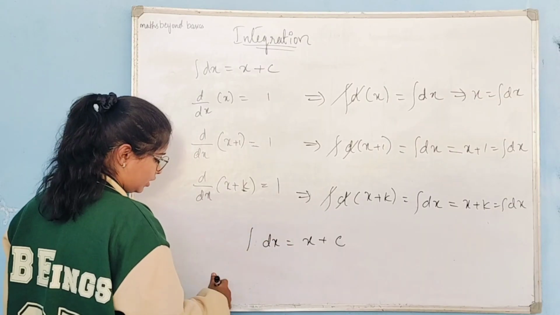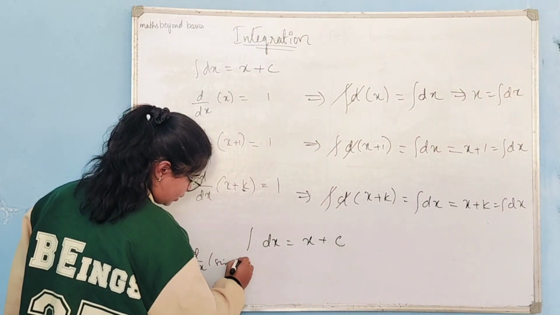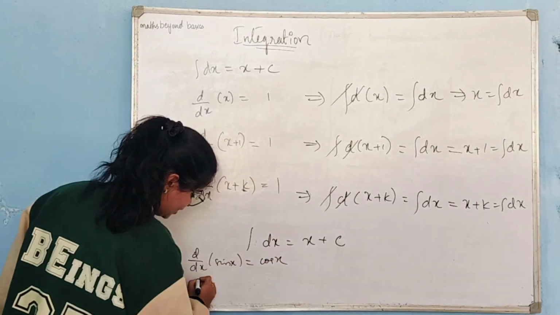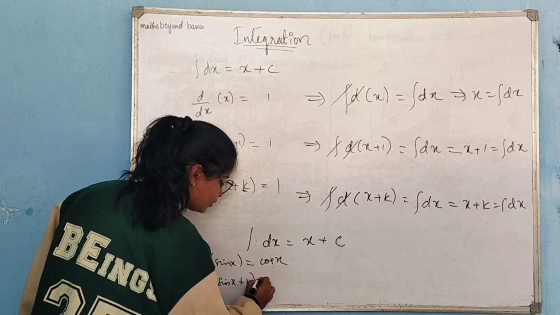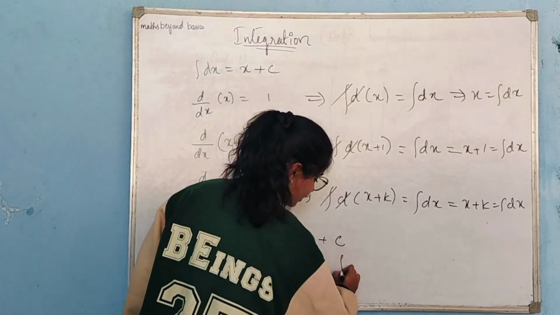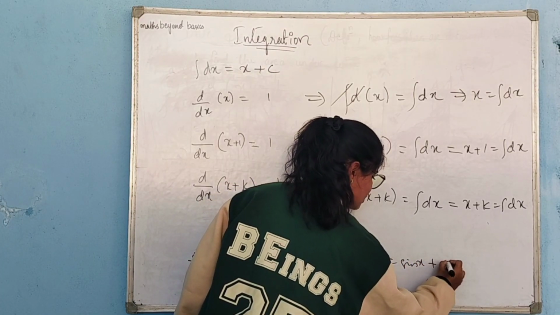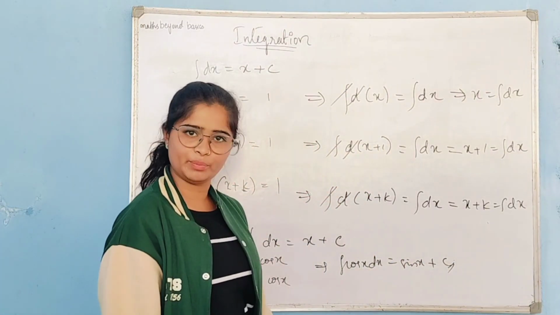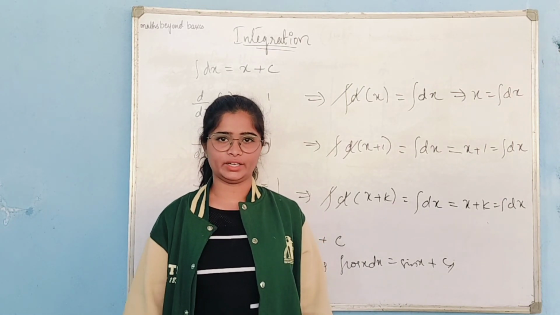And the same goes for all others. That is, the differentiation of sin x is equal to cos x. The differentiation of sin x plus 1 is also equal to cos x. Clear? So therefore, in general, we will write the integration of cos x as sin x plus c, where c can be any real number, it can be any constant. And that's how we have obtained all the formulas for integration.